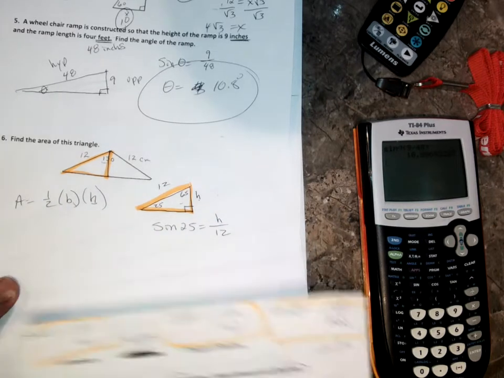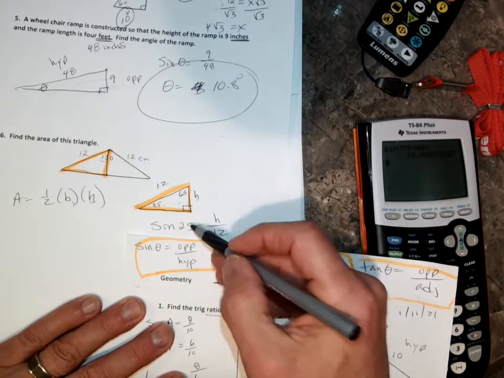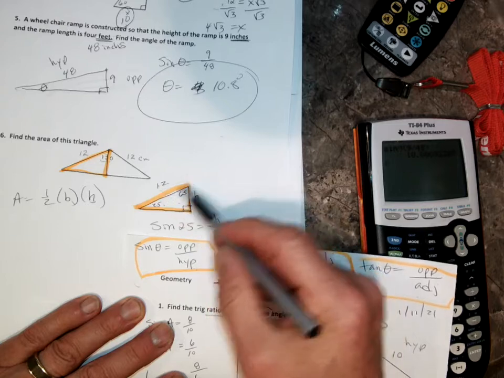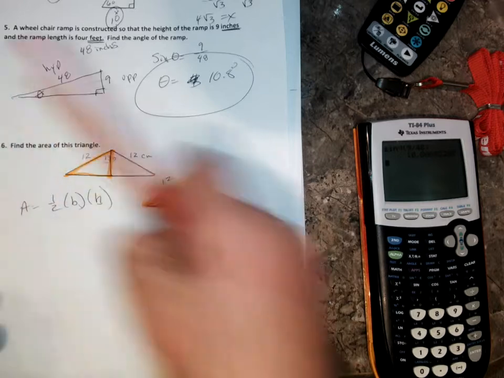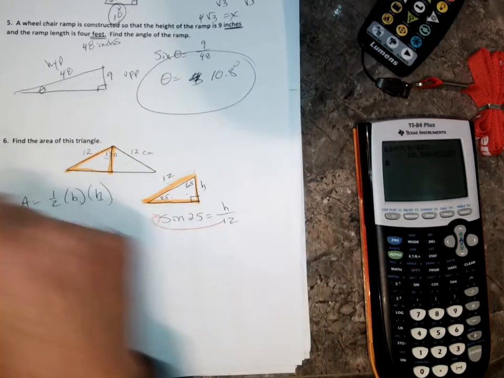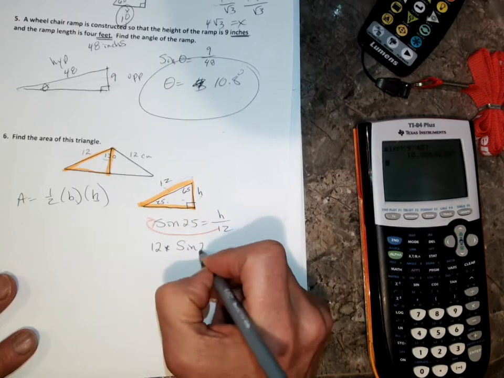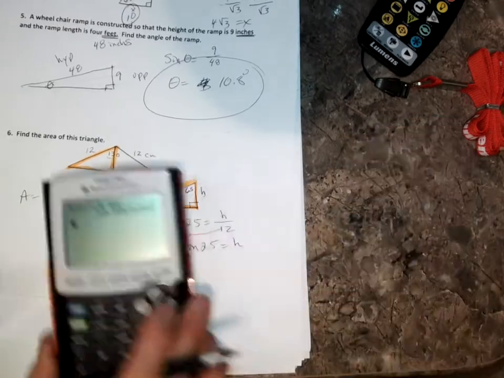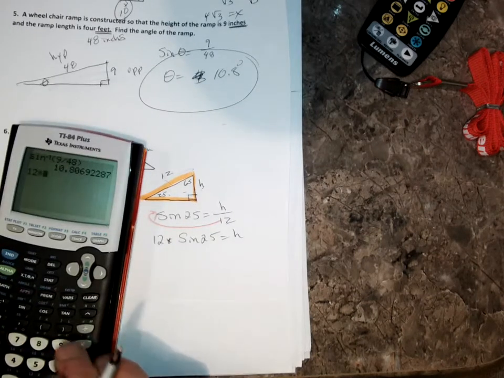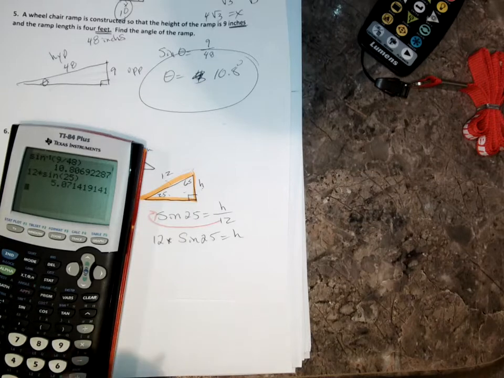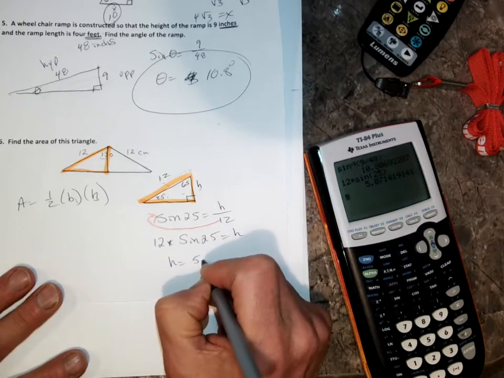Multiply up by the 12, so 12 times the sine of 25 equals h. Using my calculator, 12 times the sine of 25 degrees, I get about 5.07. So the height of this triangle is about 5.07.